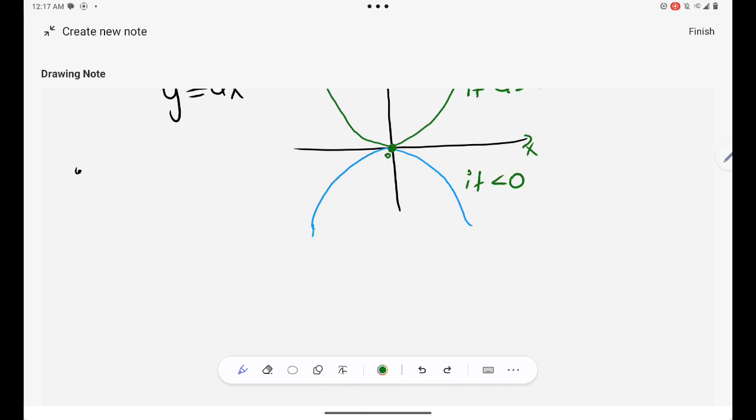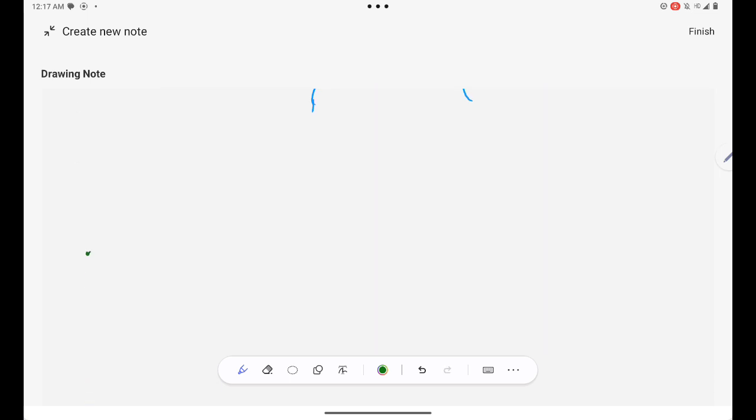Okay, let's first start with a graph which is vertically translated. Let's say we have a graph like this. y is equal to x squared plus 2.